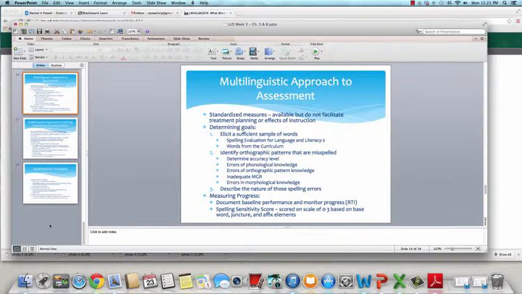But you also can analyze words from the general education curriculum, maybe words by the unit, and analyze their spelling errors based on what's being taught in that unit and what has been taught in the past, what the expectation is, and what will be taught. Because the spelling patterns and words, even in the curriculum, even if it's not systematic and explicit, you can see that they get progressively harder.